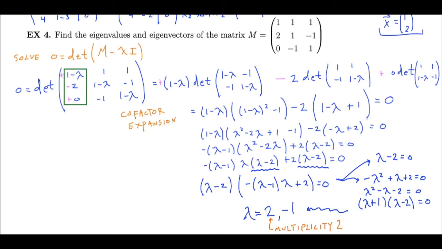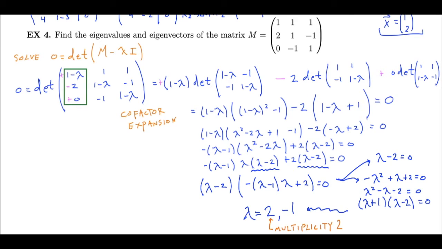Here I've worked out the algebra to solve for lambda, and one of the first things I did is I sort of targeted this lambda minus 2, or I saw that there was going to be a lambda minus 2 here, and then when I simplified and FOILed out this quadratic, I ended up with a lambda minus 2 that I could factor out as well.